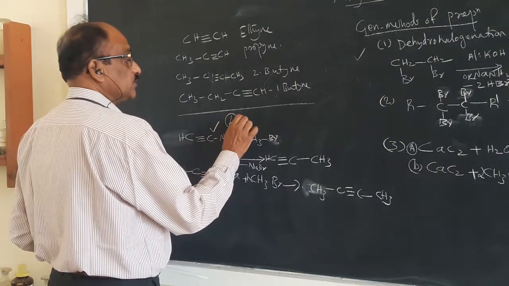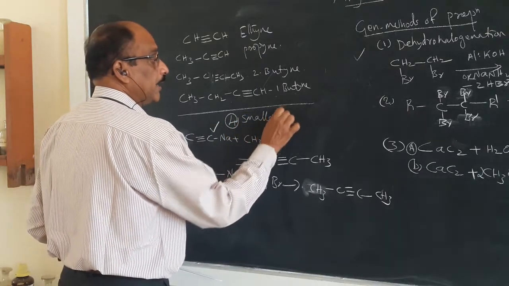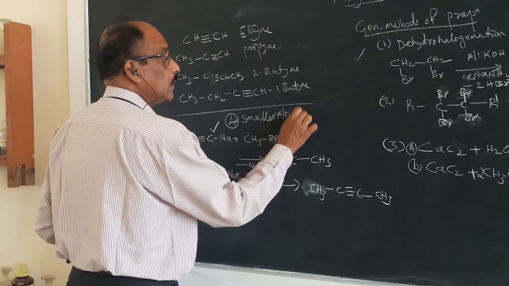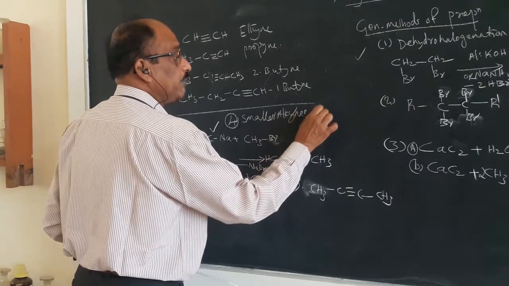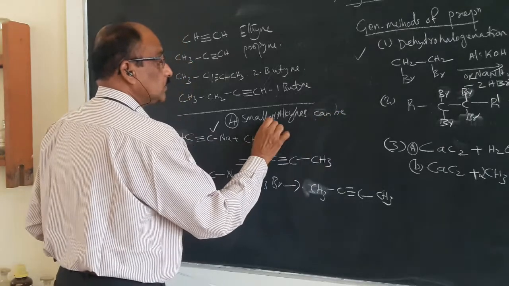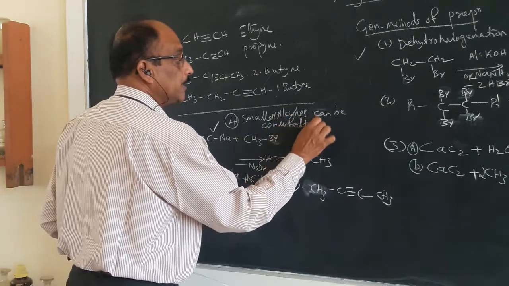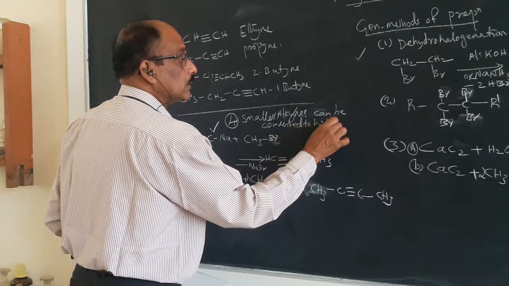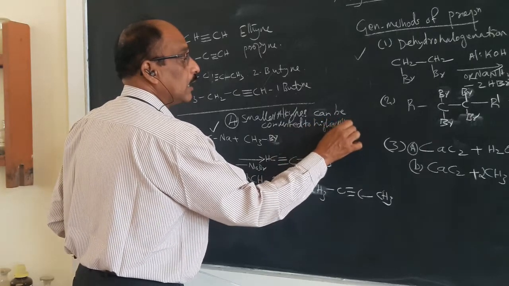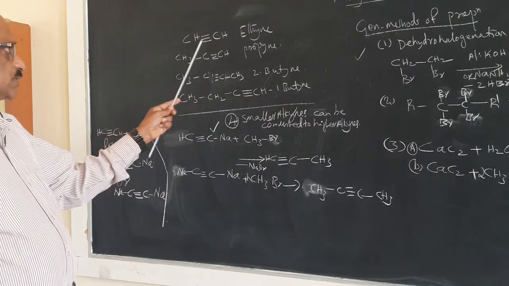The method in which smaller alkynes can be converted to higher alkynes. The smaller alkyne is nothing but this one, ethyne.